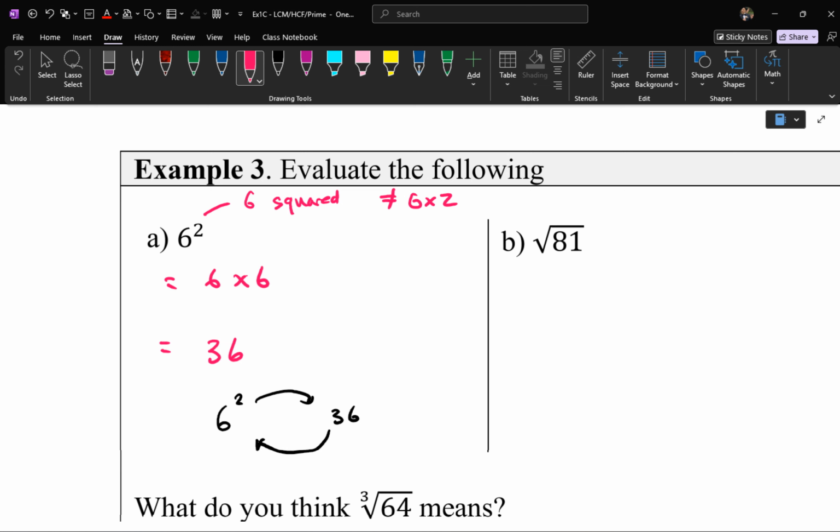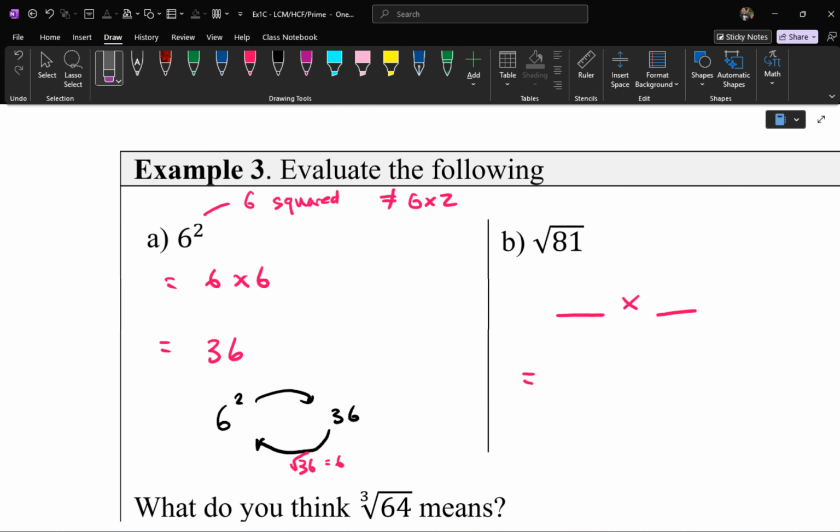So this symbol here, square root of 36, is the reverse, and it should give you the answer of 6. Now, for those who don't understand what square root means or how to work it out, for example, this one, square root of 81, it just means, can you think of a number when you times itself, it should give you 81? What number times itself to give you 81? What's the number?